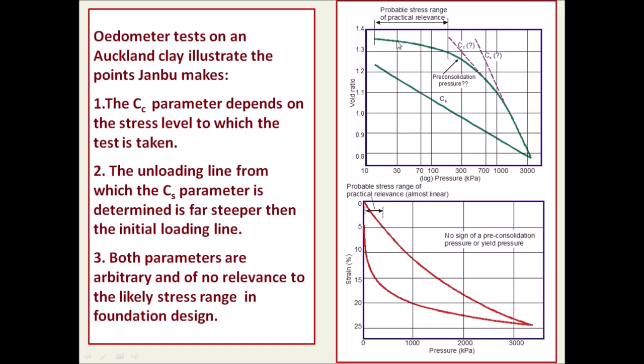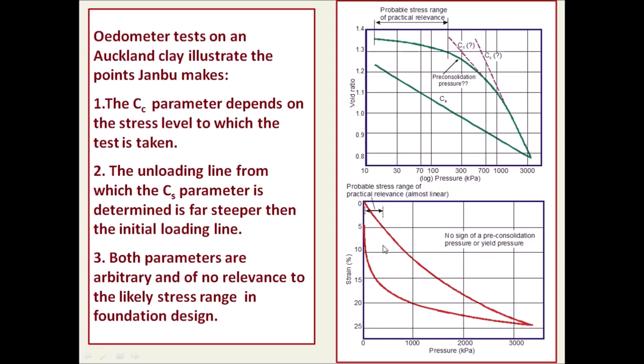That just illustrates the point that Janbu was making. If we replot this on a linear scale down here, you'll see that curve, which is quite a smooth curve coming around here, curves now the other way. The little section that we're interested in for our foundation design is not far off linear.